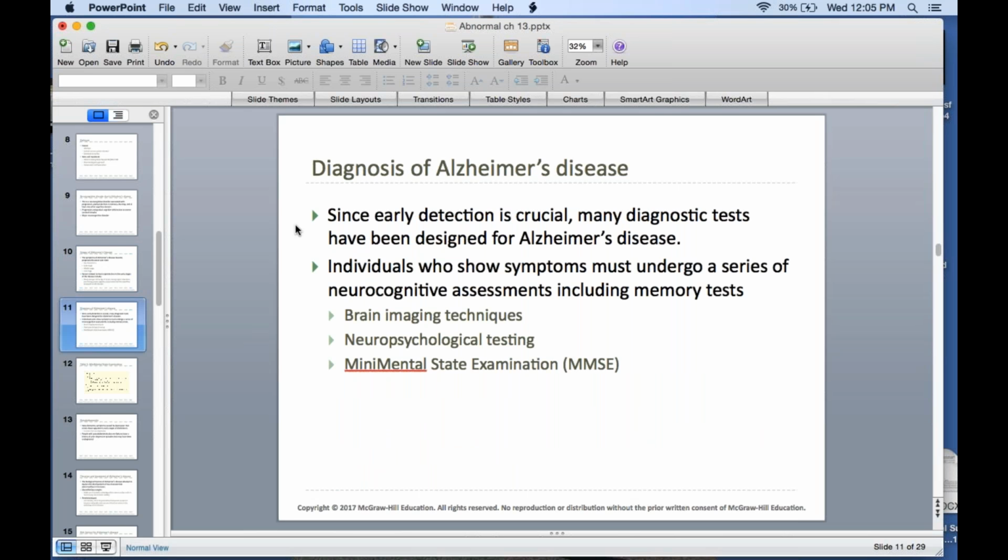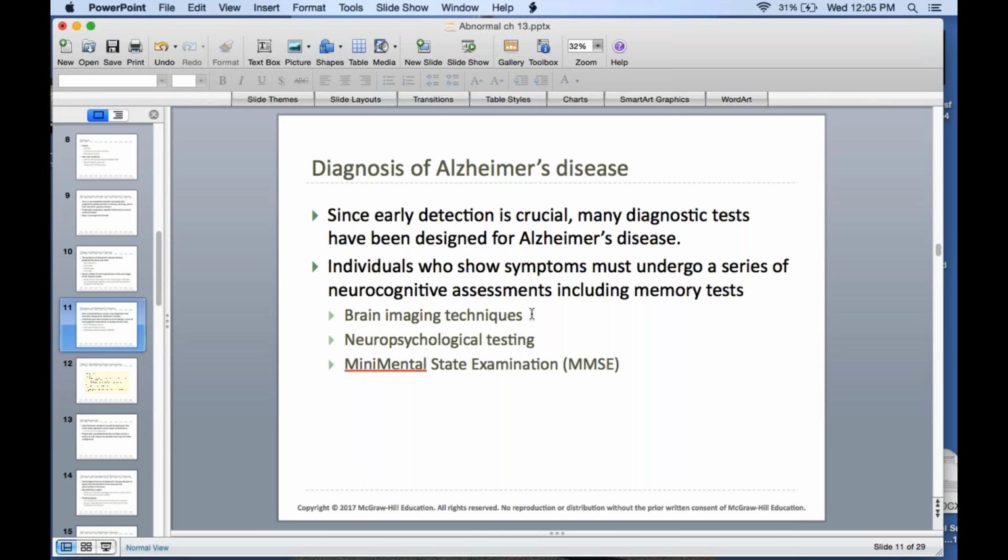Since early detection is really important, a lot of diagnostic tests have been designed. A lot of these are neuropsychological testing, like the mini mental state exam. We also have some brain imaging techniques. Technically, official diagnoses are often given post-mortem, in order to really see what was going on with the brain, to say for sure it was Alzheimer's and not something else.